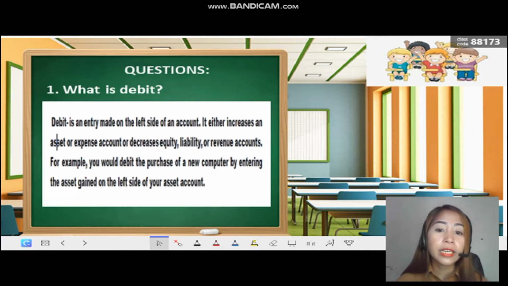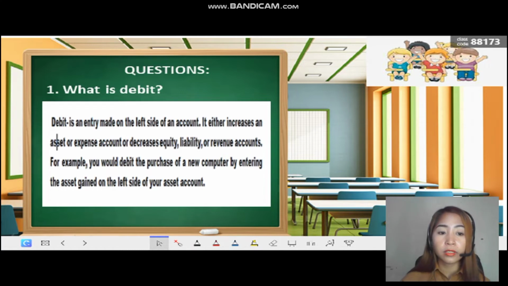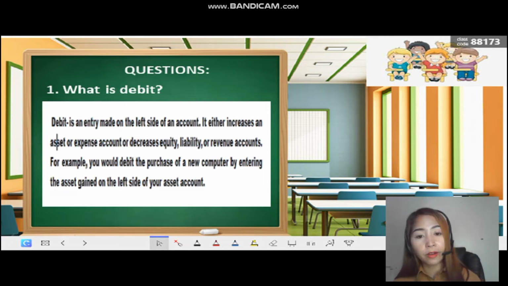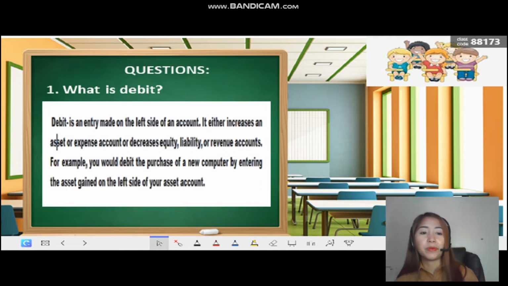It either increases an asset or expense account or decreases equity, liability, or revenue accounts. For example, you would debit the purchase of a new computer by entering the asset gain on the left side of your asset account. So that is the correct answer for number 1.